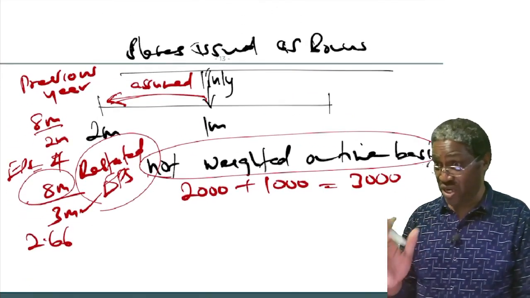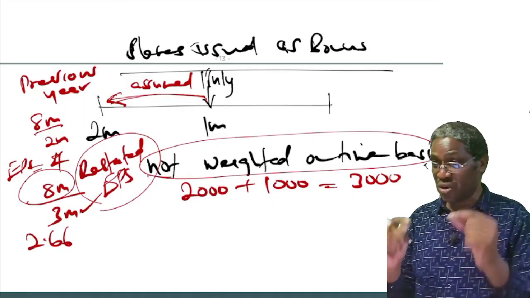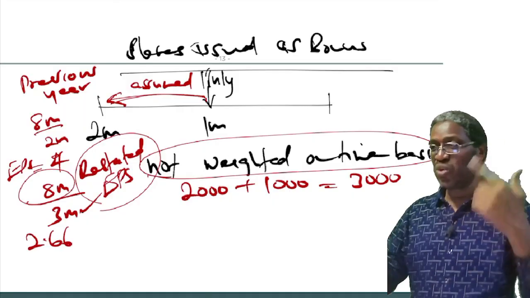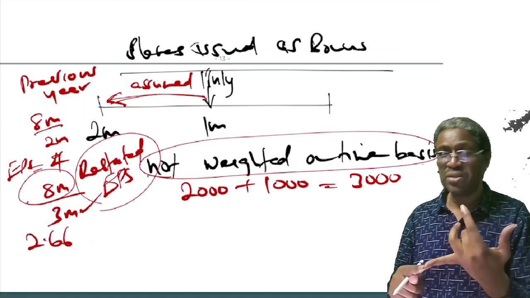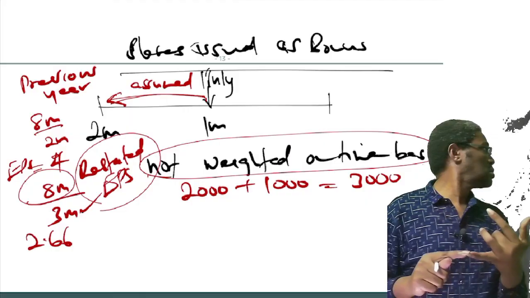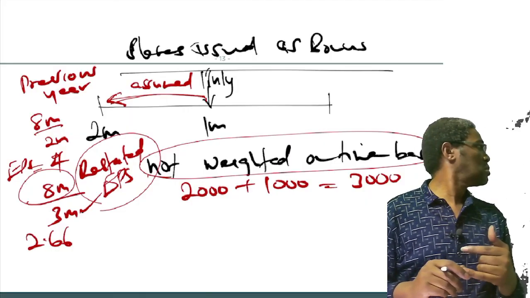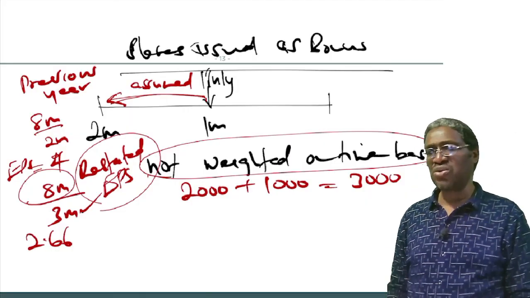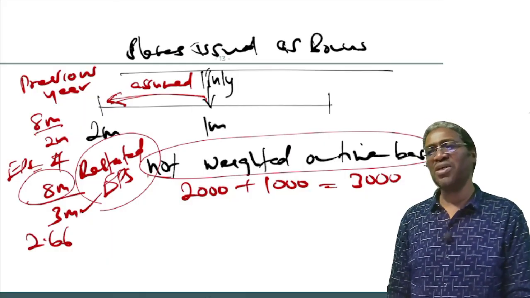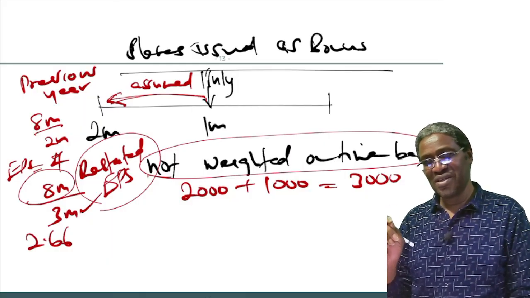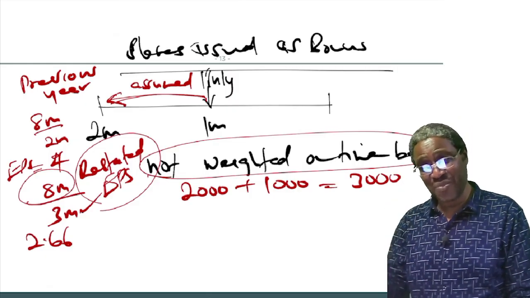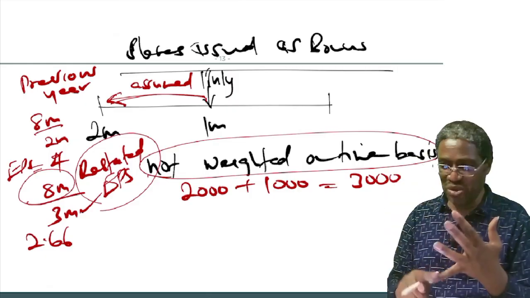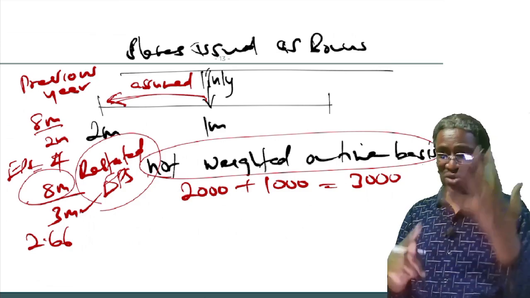I've discussed 3 already. Critical items to remember when you are computing the weighted average number of shares. When shares are issued at full market price and they are fully paid, they should be weighted on time basis. That was 1.